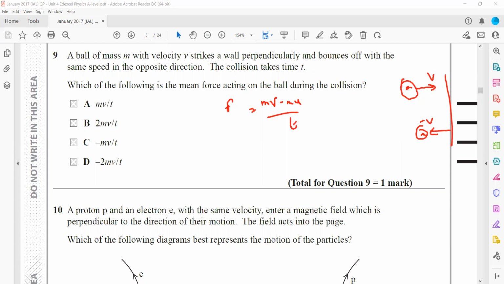Why minus v? Because it is in the opposite direction. So here momentum will be mv, here momentum will be minus mv. To calculate the change in momentum, that is final minus initial. So final is minus mv and initial is mv, divided by t. So minus 2mv divided by t. So it matches with option D.